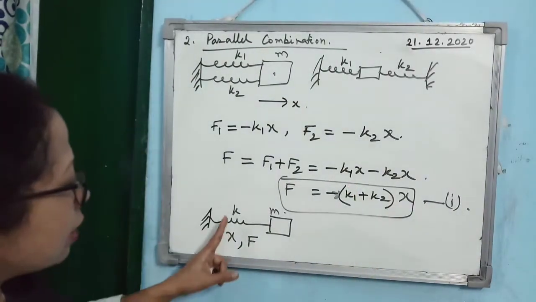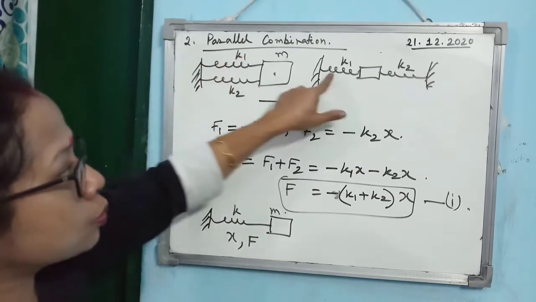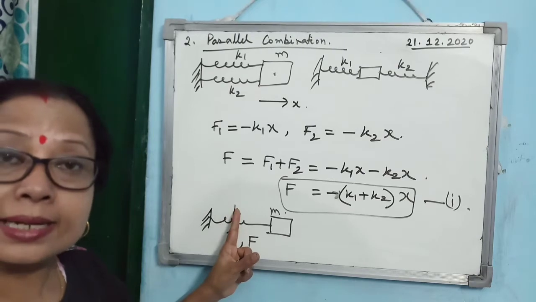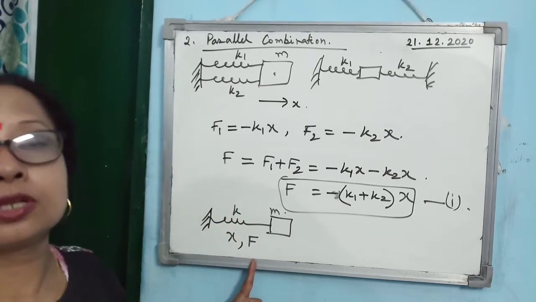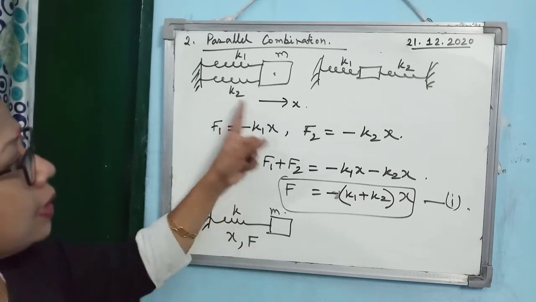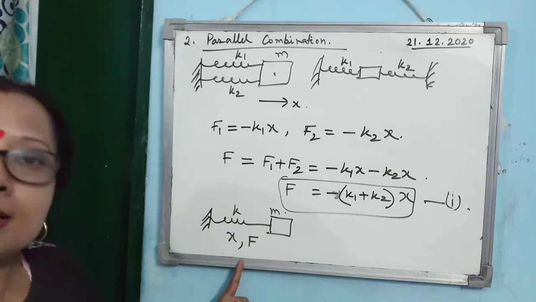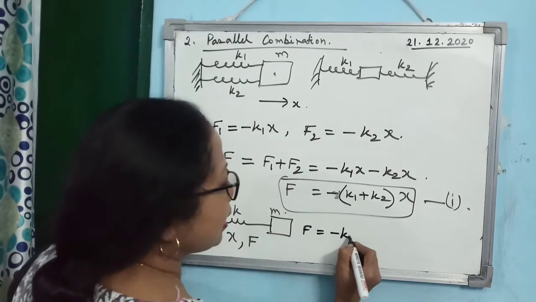So what is the concept of equivalent spring constant? Instead of using two springs, we use a single spring of spring constant K in such a manner that the total displacement and total force remain the same. So here, the total displacement is X and the total force is F. They are the same. So you can write F as minus Kx.